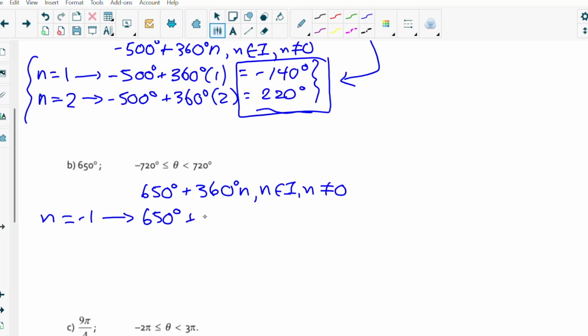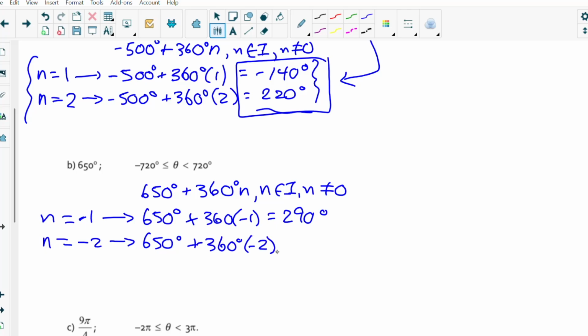That's 650 degrees plus 360 times negative 1 equals 290 degrees. N equals negative 2. We have to keep going with the negative n values to get to our negative values. So n equals negative 2. That's 650 degrees plus 360 degrees times negative 2 equals negative 70 degrees.